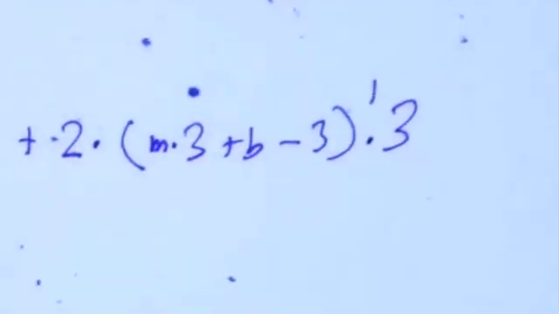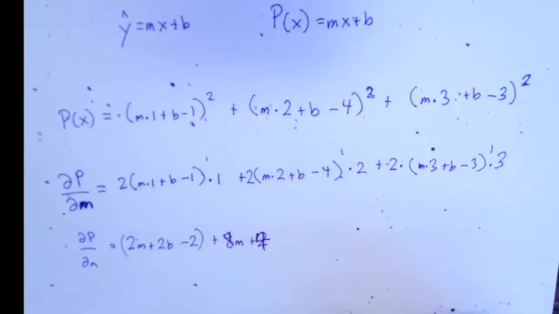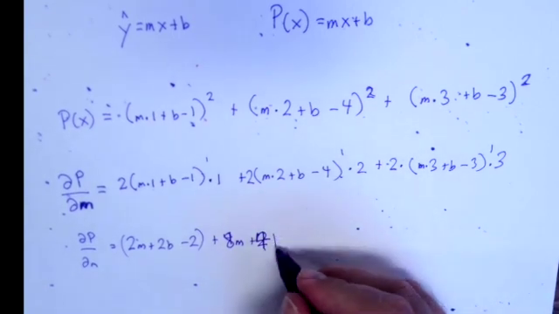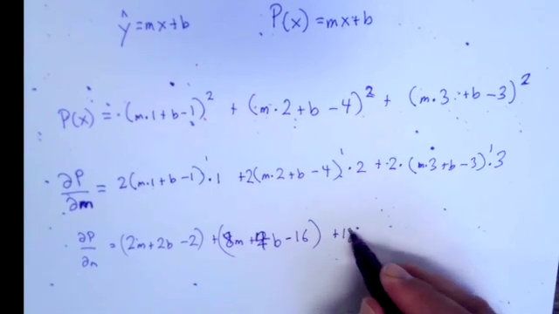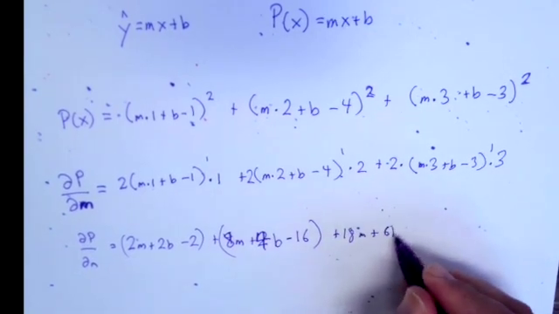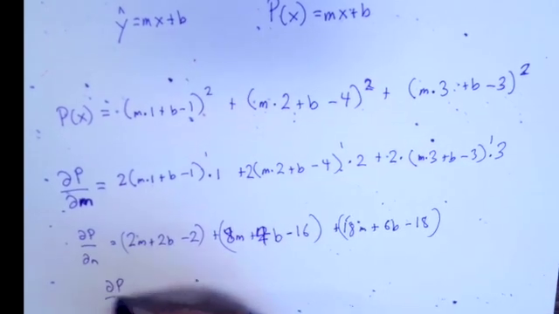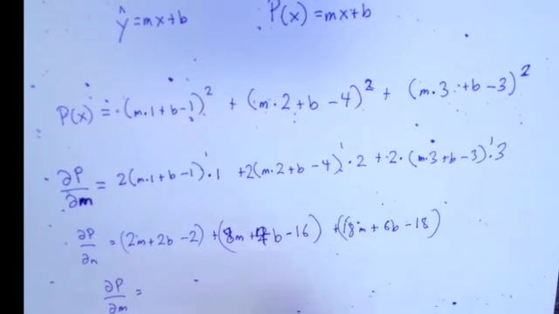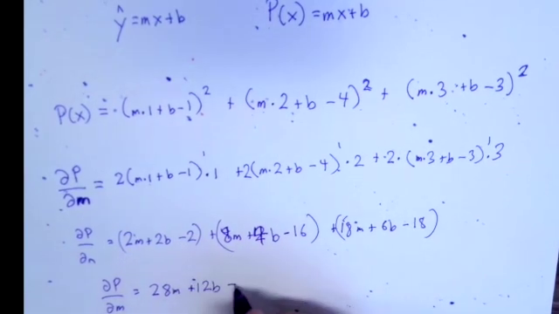This is why you don't try to do it quickly. So at the end of the day, partial p partial m is equal to 28m plus 12b minus 36.